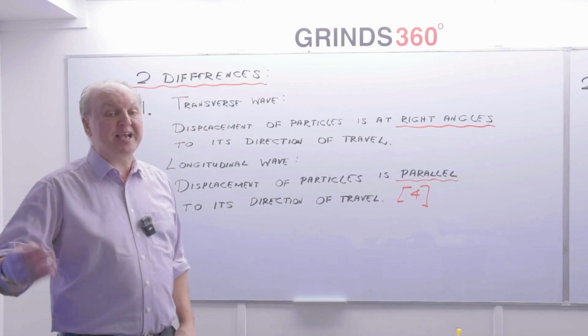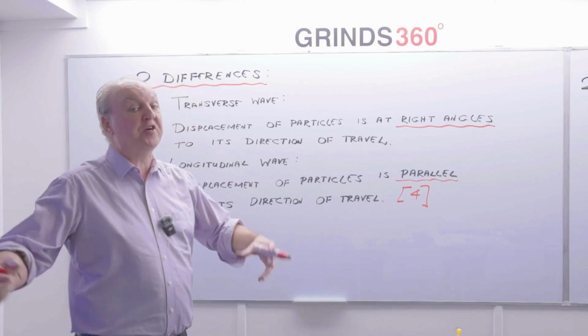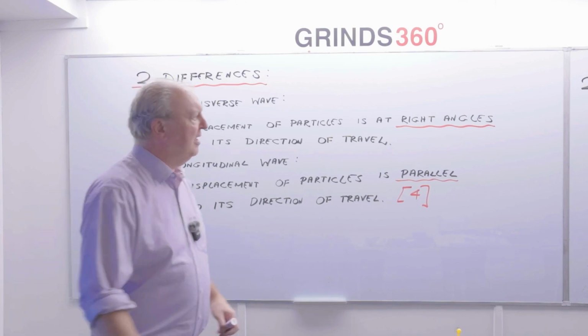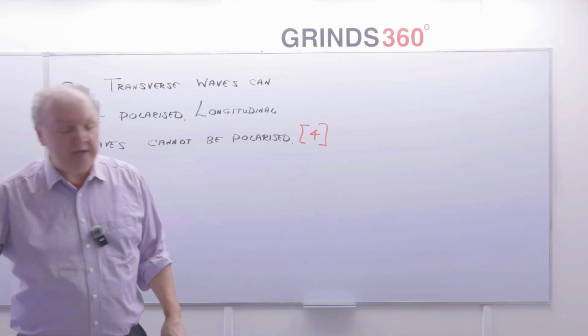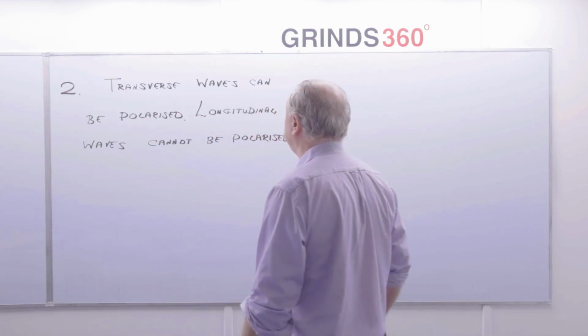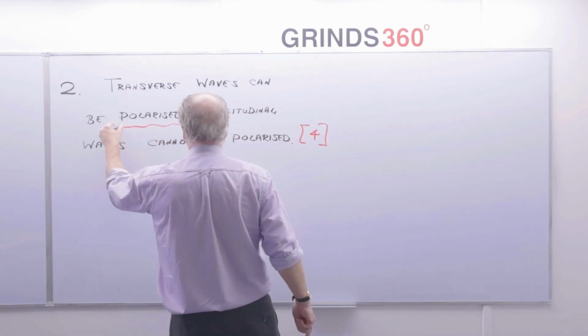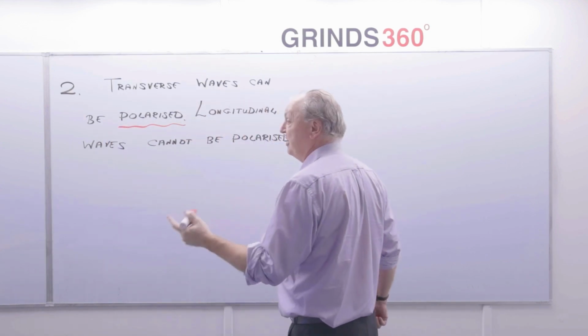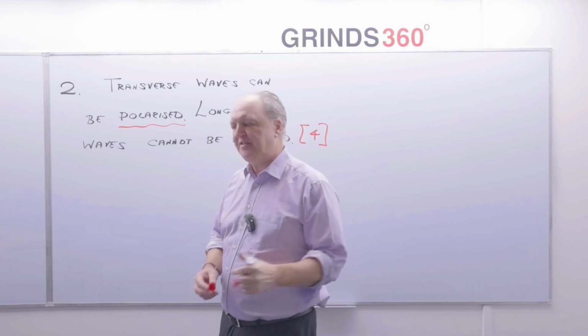So your first difference actually just comes from your definition of what a transverse wave is versus a longitudinal wave. And then take a second difference, which is a property of these waves. Transverse waves, like light waves, can be polarized, whereas longitudinal waves, sound waves, cannot be polarized. So that's my second difference.